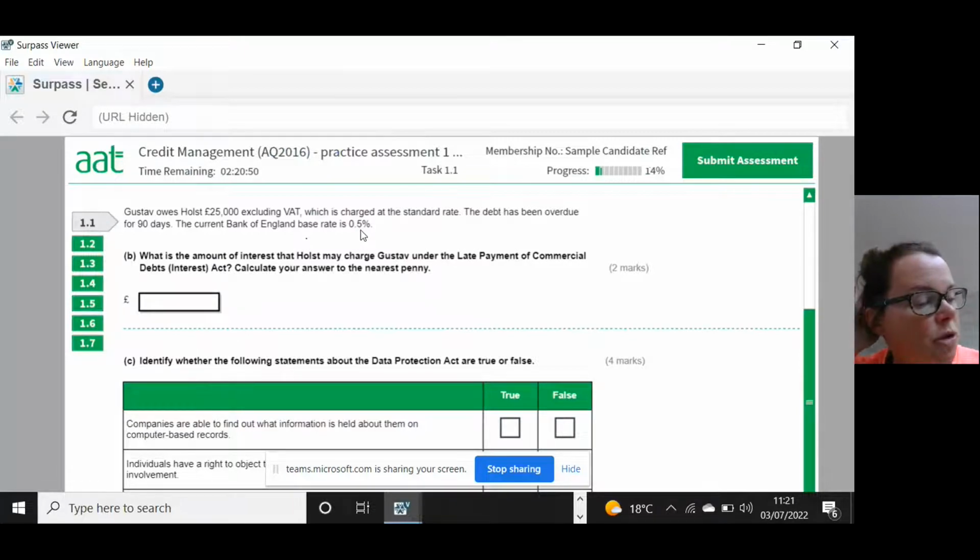So times 0.085 going into the calculator. And then it's for 90 days. So I'm going to multiply by 90, divide by 365. And that will give me my answer of 628.77, rounded to 2 decimal places, the nearest penny.